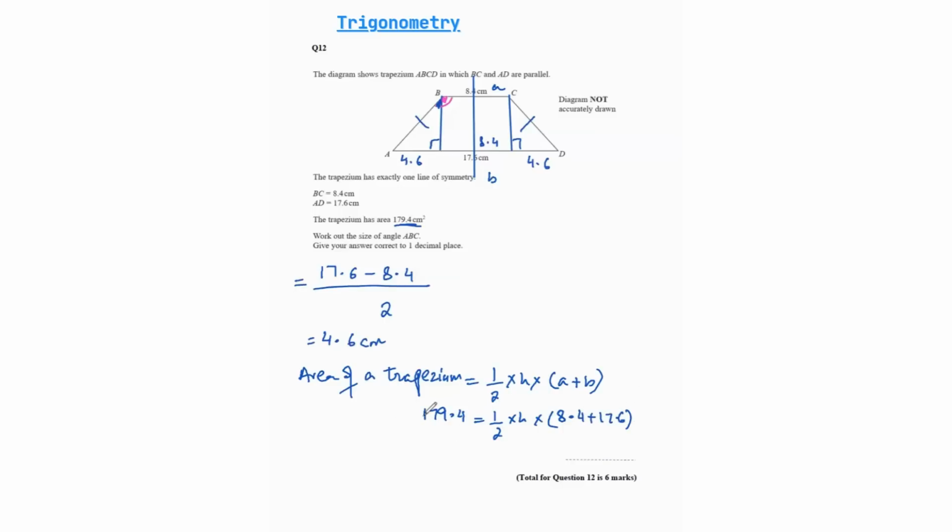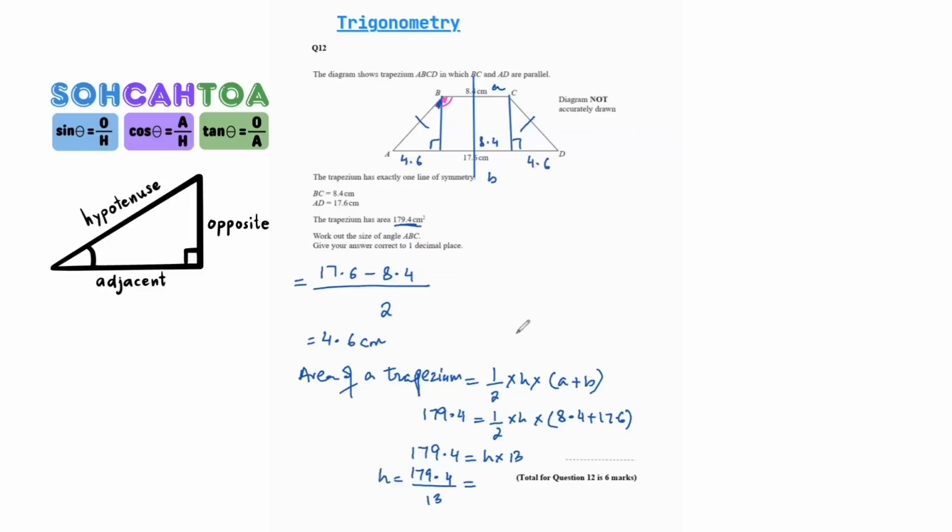So 8.4 plus 17.6 is going to give us 26, and then 26 divided by 2 is 13. So 179.4 equals H times 13. 179.4 divided by 13 is our H, which is going to give us 13.8. So 13.8 is our height.